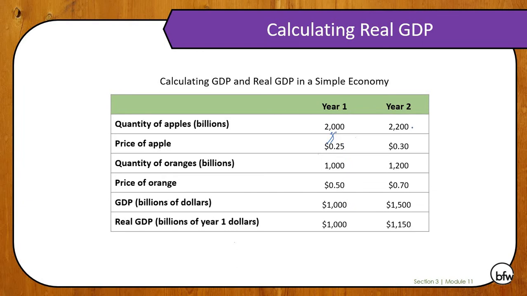If we added up the nominal value of GDP for year 2 with quantity of apples and quantity of oranges there, the increase in consumption, along with the increase in prices, would lead nominal GDP to grow to 1,500.